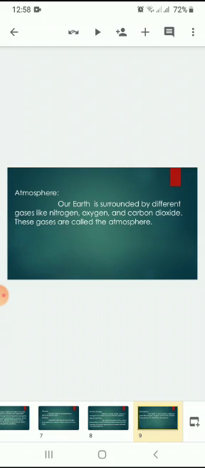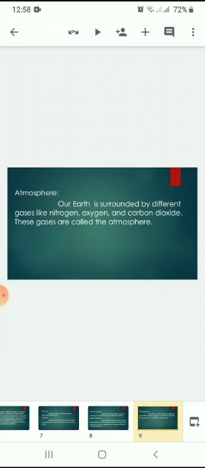Our Earth is surrounded by different gases like nitrogen, oxygen, and carbon dioxide. These gases are called the atmosphere. The atmosphere is like a blanket that keeps the earth warm and stops it getting too hot or too cold.